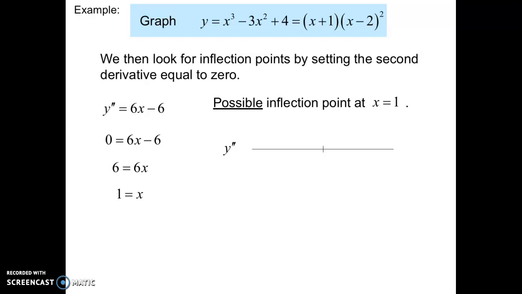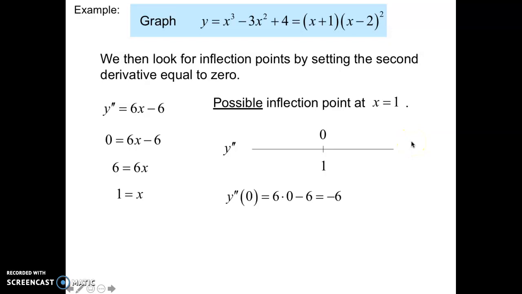Then what we do is very similar to the first derivative test. We put that value of x that we found as a possible point of inflection on a number line or on a chart, and we say, okay, when x equals 1, the second derivative is 0. That now divides the domain into two regions, less than 1 and greater than 1.